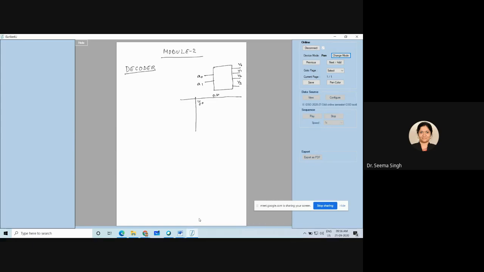So when I am drawing, you draw in the same form. I am giving the input as Y0, Y1, Y2, Y3. You need not bother whether it is Y0 to Y3 or Y3 to Y0. It does not matter because it is just a name here.